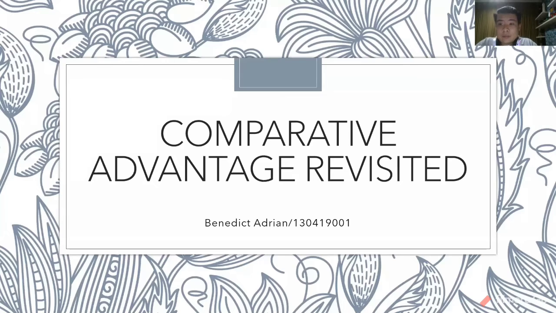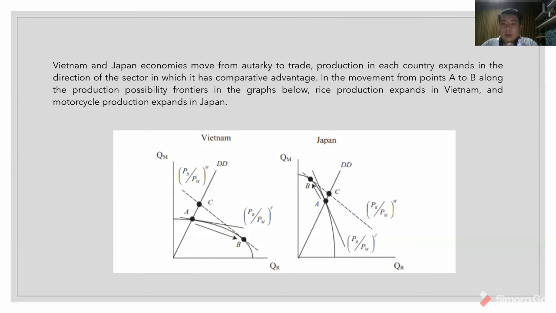So hello guys. Now I will explain about the comparative advantage again that was already explained in the last few weeks. It takes the same example of Vietnam and Japan, that economies move from autarky to trade and production in each country expands in the direction of the sector in which it has comparative advantage.